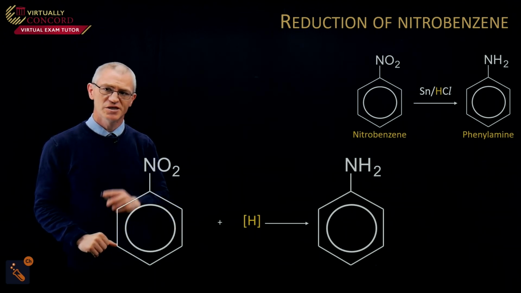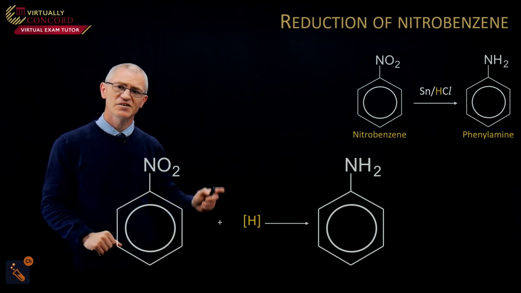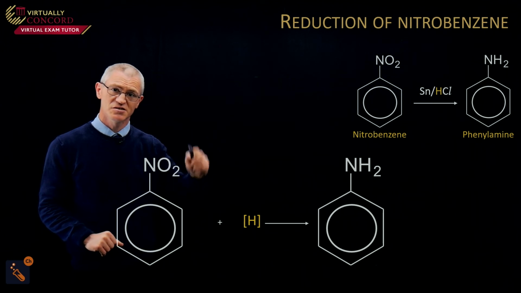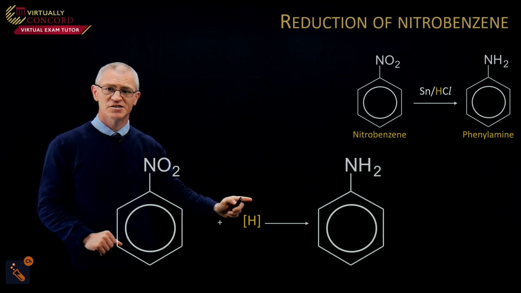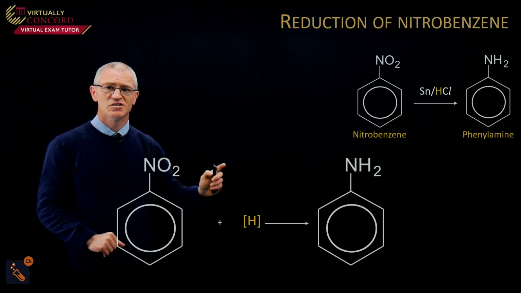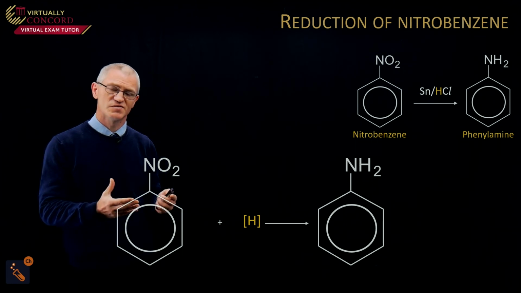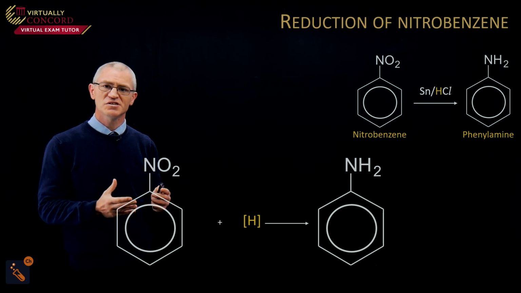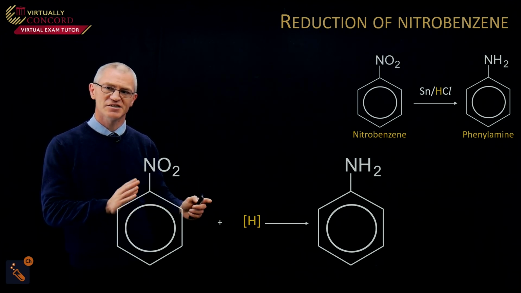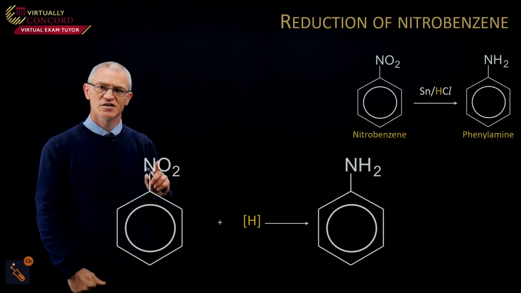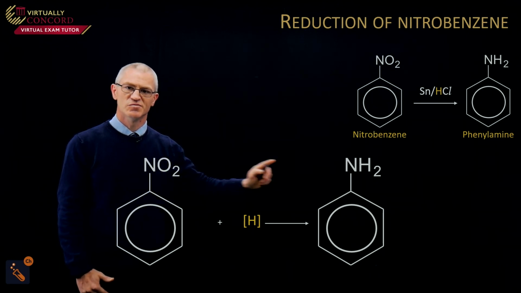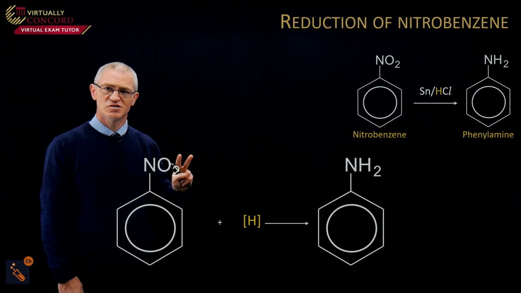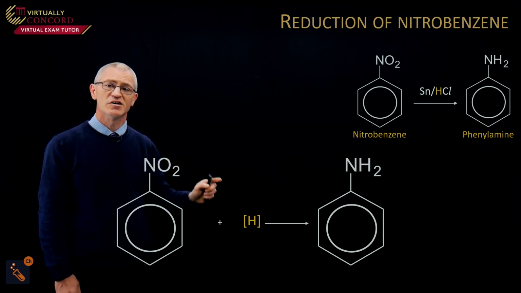Here is a nitrobenzene, and they can represent the reducing agent, because this is a reduction, remember. You're adding hydrogen, so it's reduction. You can represent that as an H, and we've seen that in other types of reactions in chemistry. So all you need to do is think, how many H's am I going to add? First of all, you know that the oxygens are going to be removed. So that means 2 oxygens are going to be removed, and both of them are going to be reduced.